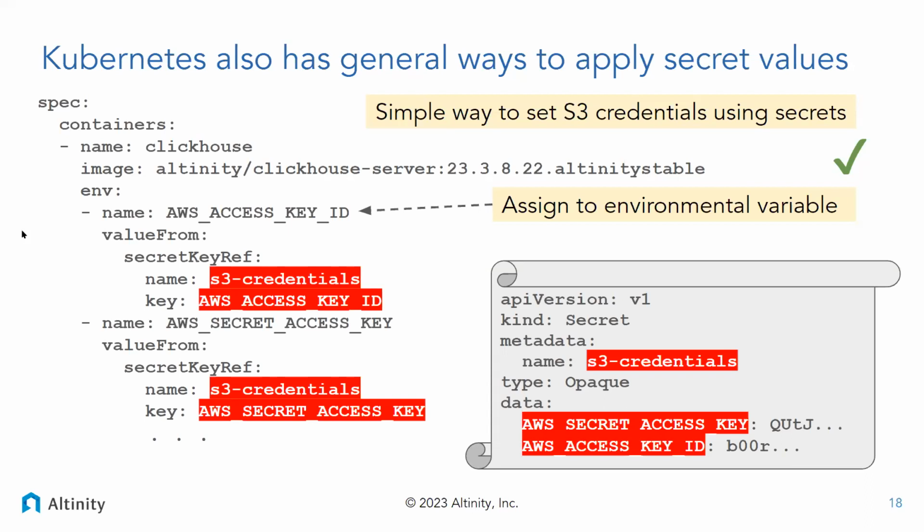So what we can do in this case is basically pass them in using a secret, and this example shows you the syntax to pass in environment variables. And what will happen is those will be materialized in the environment of the running pod, and we'll be able to pick up the credentials and talk to S3. So this is a very common approach to allow people easy access to Amazon S3.